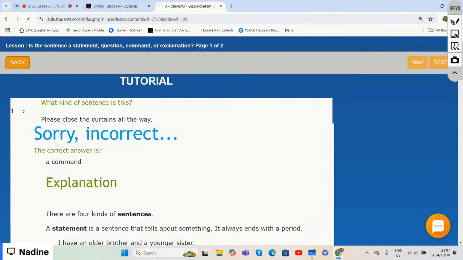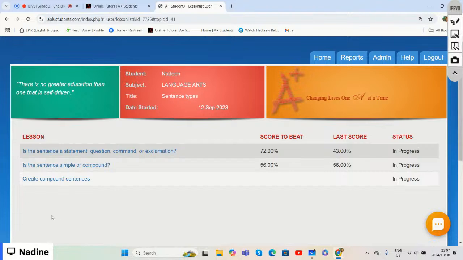All right. So when it comes to our sentence types, sentence types are the different types of sentences that we have.